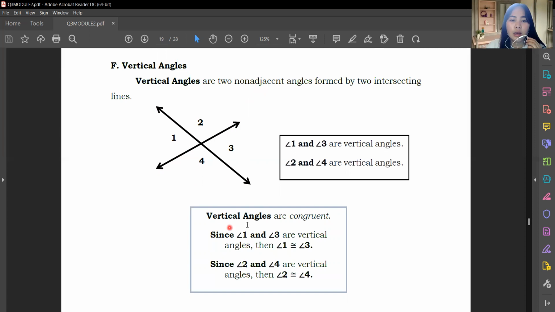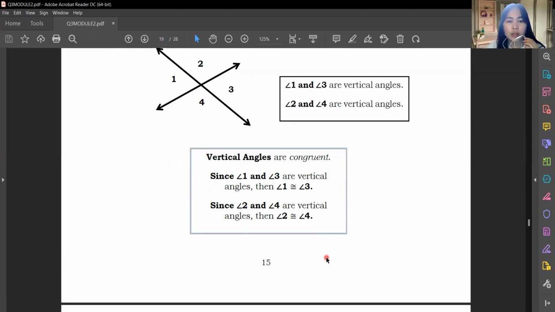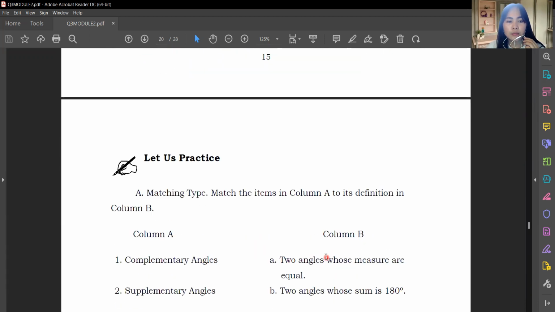Now, vertical angles are congruent. Always remember, vertical angles are congruent. Since angle 1 and angle 3 are vertical, they are congruent. Since angle 2 and angle 4 are vertical angles, angle 2 is congruent to angle 4. So that's for vertical angles.